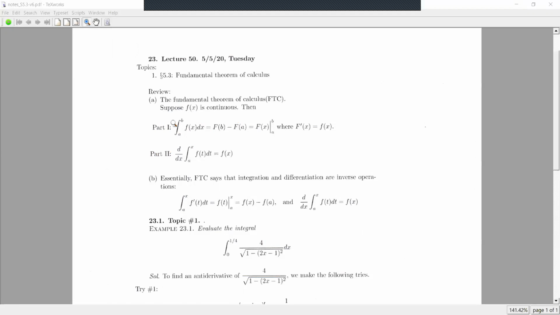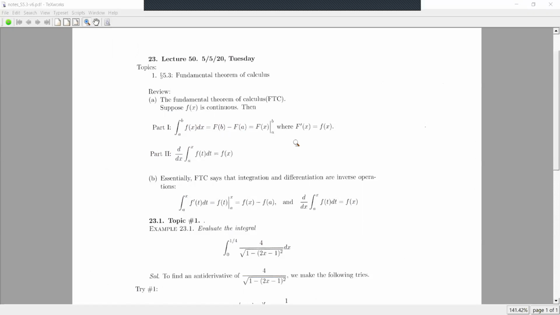To compute this integral, we need to find one antiderivative of function f. Let me use capital F to denote one antiderivative of f. Then part 1 says that this integral is equal to the value of capital F at the point b minus the value of capital F at the point a.